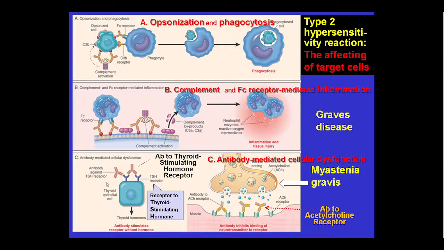Situation C, marked by the letter C. This is a different situation that is characterized by antibody-mediated cellular dysfunction, not lysis, but dysfunction. Here you see two examples of this dysfunction. On the left part of this C fragment of the figure, you see a thyroid cell, the blue square, with two receptors to thyroid stimulating hormone.